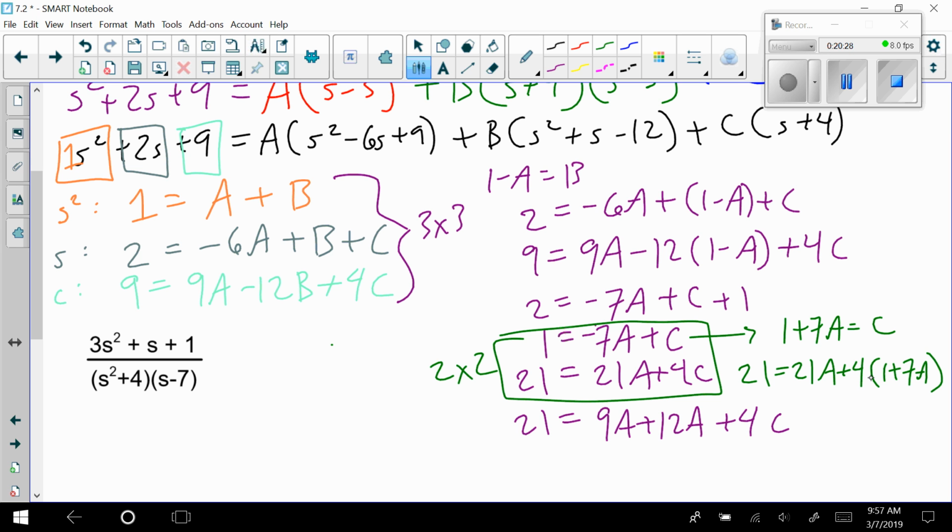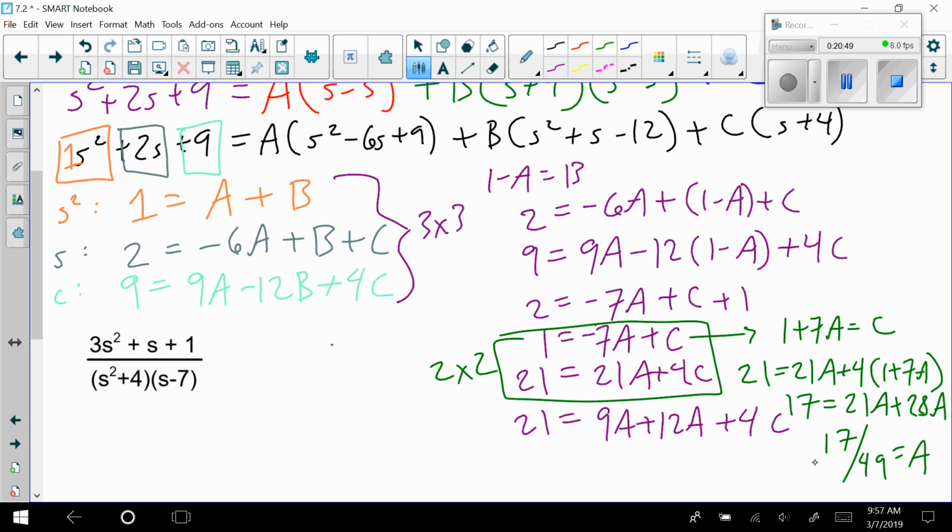Well, this would make a 4. Subtract, I would have 17 equals 21a plus 28a. 21 and 28 make 49. Divide, and I get 17 over 49 equals a.